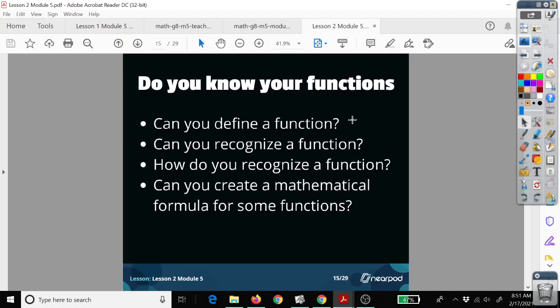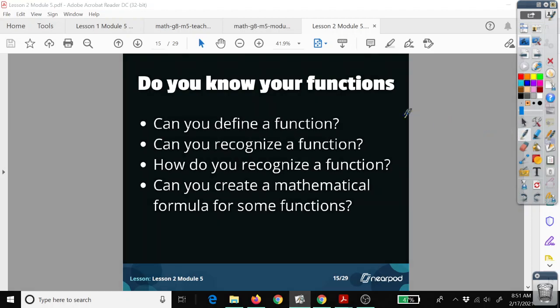So if you know this, you can define a function in your own words. You can recognize a function, hopefully from a table and from a graph. And then you can create a mathematical formula for some of these functions. For the first one, for your age, there's no mathematical formula. You don't grow 0.3 inches every day. But y equals 16x squared is a function.